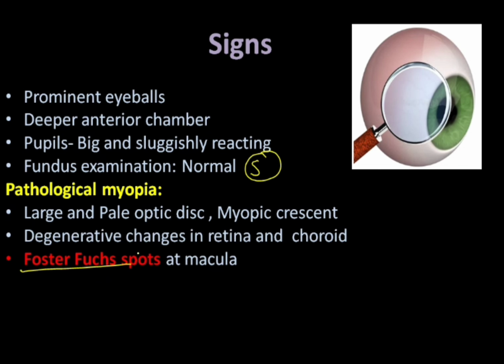These are dark red circular patches due to subretinal neovascularization and choroidal hemorrhage. That is what is seen as Foster-Fuchs spots at the macula. Posterior staphyloma is mainly because of ectasia of the sclera at the posterior pole.